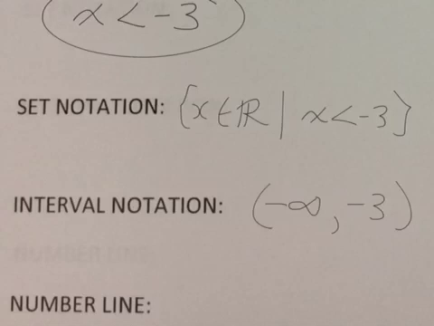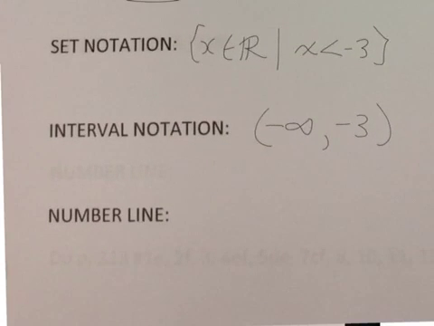Okay? All right, for the number line, how would this look like? So let's just scroll down for the number line. We're going to draw a line. Put numbers, so let's say negative 6, negative 5, negative 4, negative 3, negative 2, negative 1, 0, and so on.